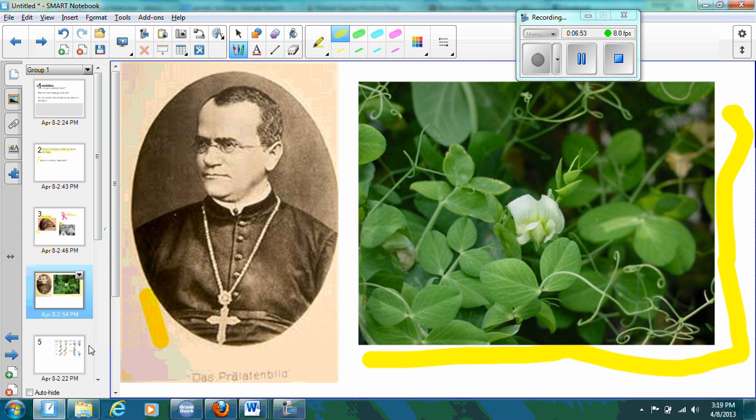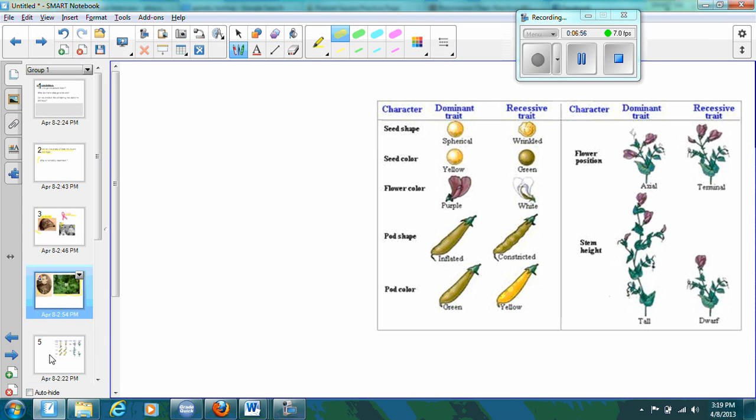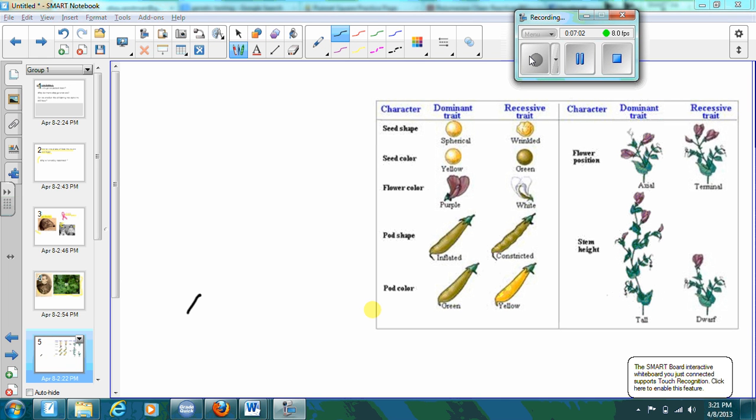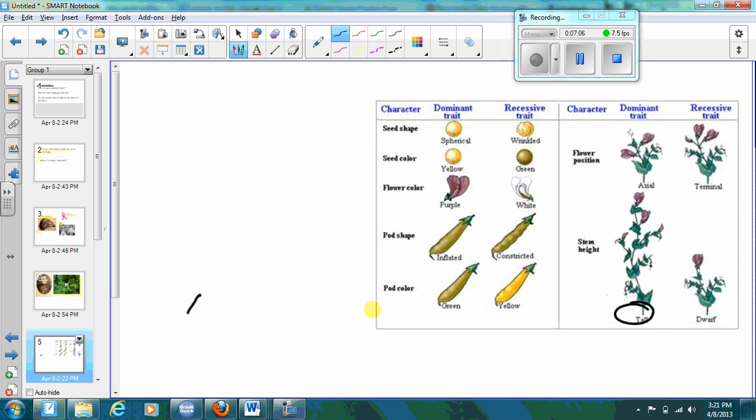And he also came up with a pattern. So the way he started, okay, here we have this table. The way he started was, he crossed a plant that was tall with a plant that was short. We have a tall plant and a short plant, okay?